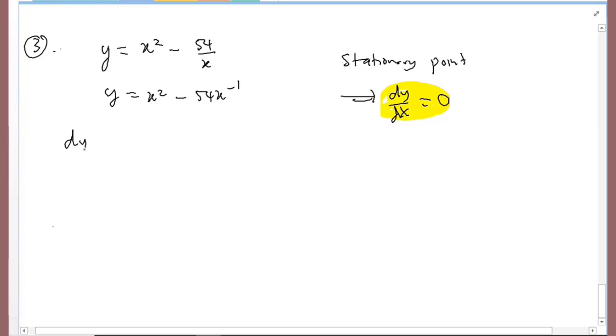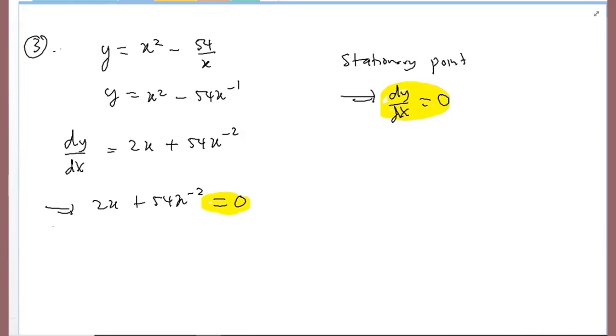So dy/dx equals 2x plus 54 over x squared, equal to 0, to show this is a stationary point.